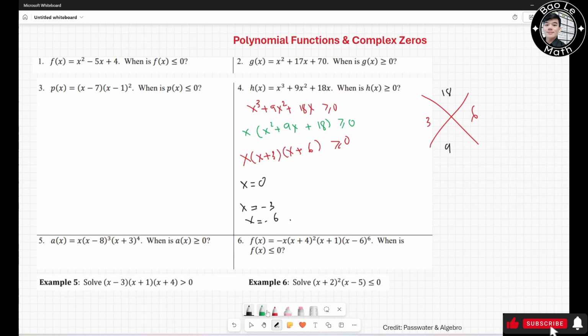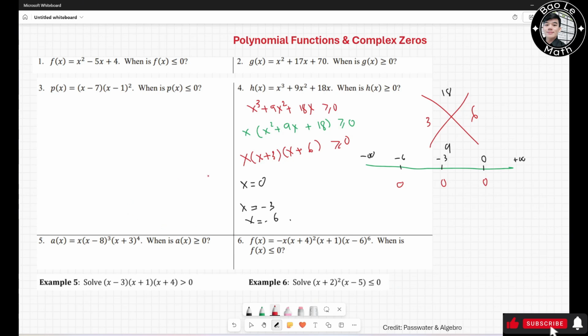Now I need to draw a number line and put these on it. I start from negative 6, negative 3, and 0. The left-hand side should be negative infinity, the right-hand side positive infinity. I have 3 zeros, so I put 0 at each.